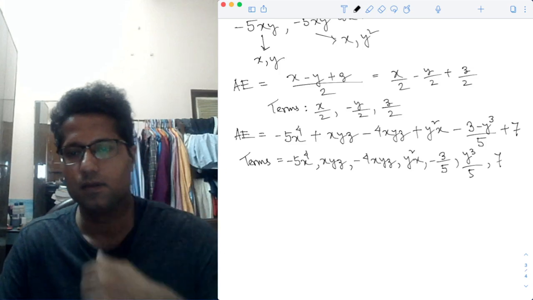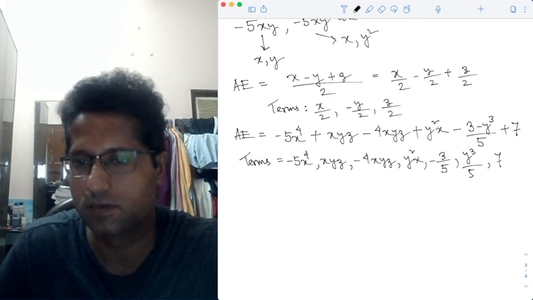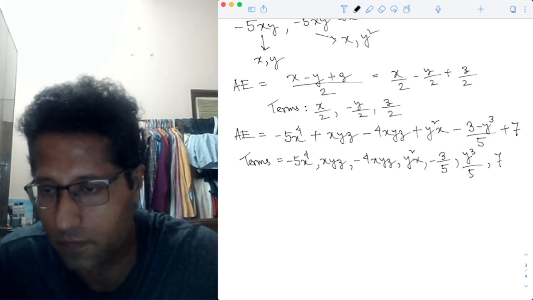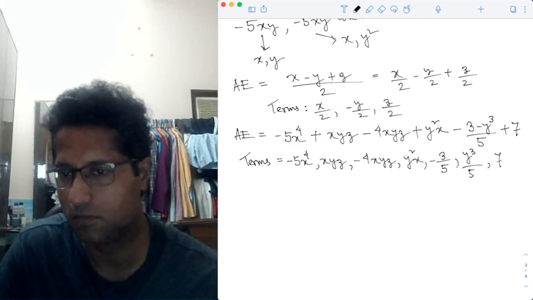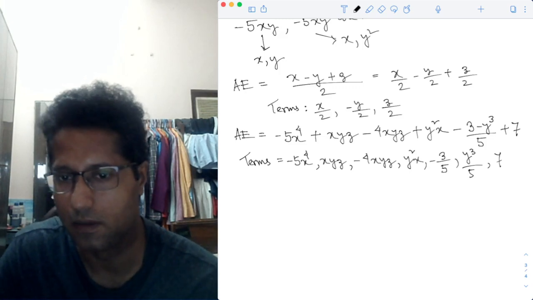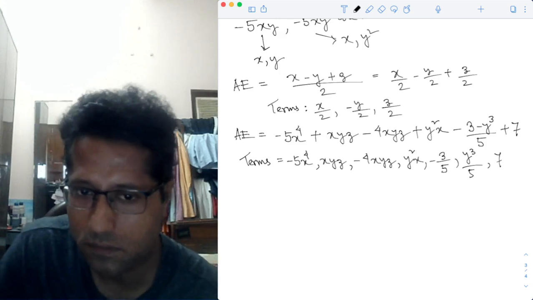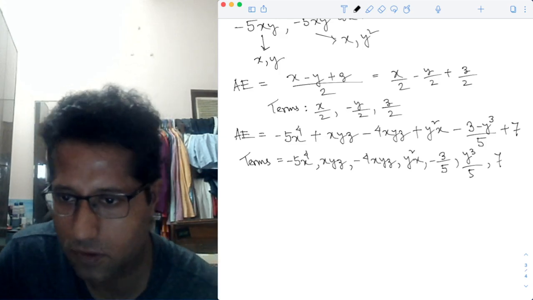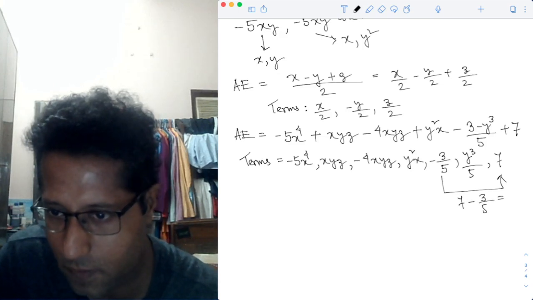But this is also incorrect, because minus 3 by 5 plus 7 will need to be merged, and whatever that value is, that will be the constant term. So 7 minus 3 by 5, how much is that?